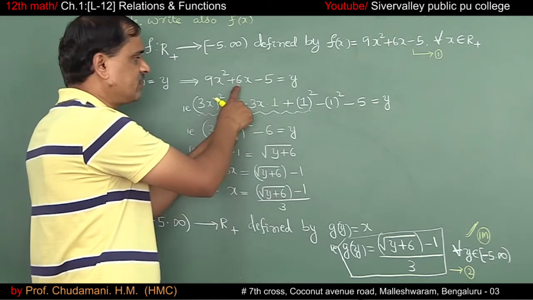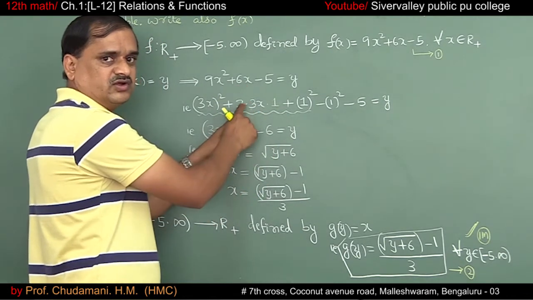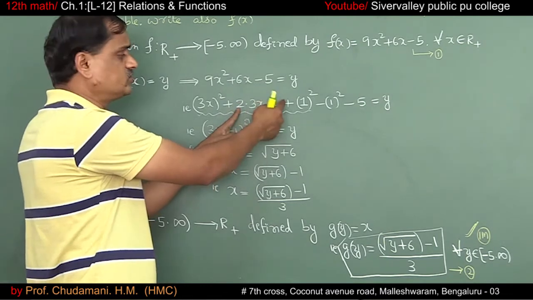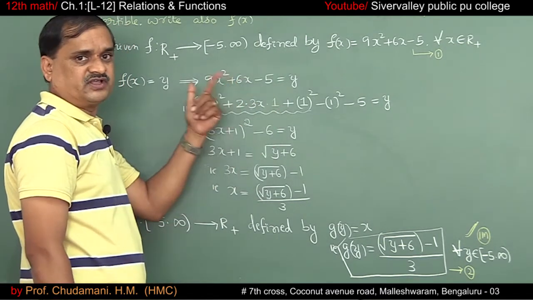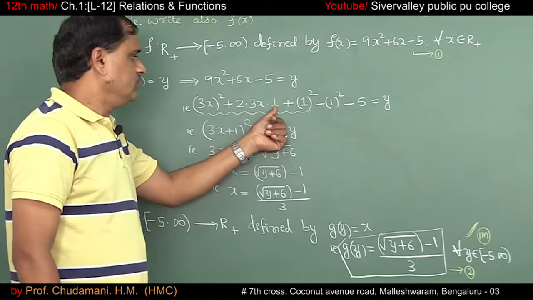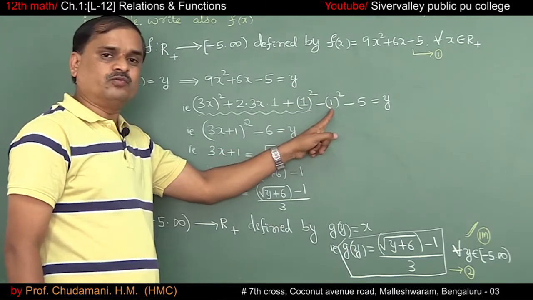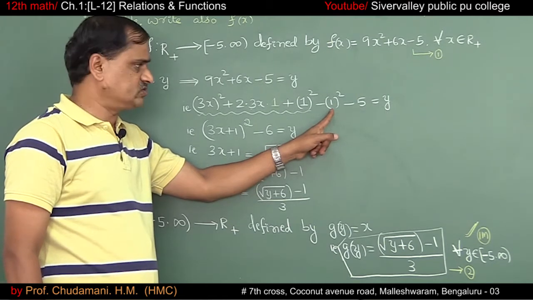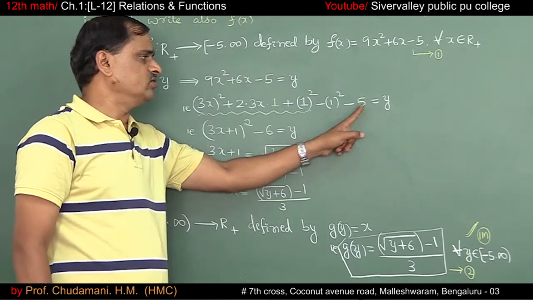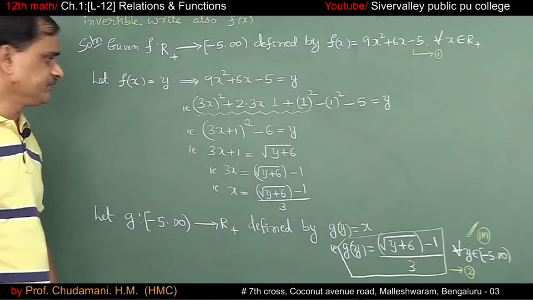Whereas in the previous problem it was 12 actually: 2 into 2 is 4, into 3, I took 12. So now b is 1. So I have added 1 square, and to balance it I subtracted 1 square, minus 5 is equal to y.